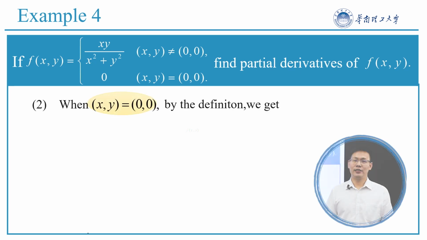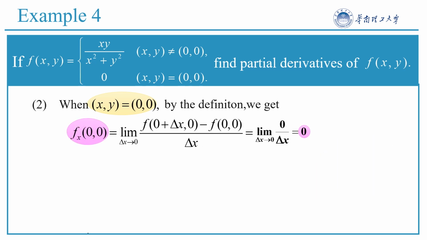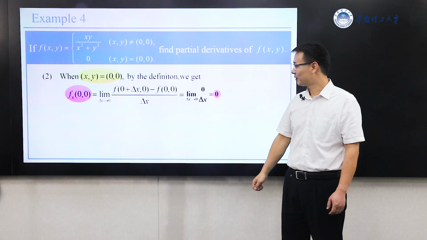When xy is equal to 0, 0, by the definition of partial derivative, we obtain partial derivative of f with respect to x at 0, 0 equals the limit of f(0 plus delta x, 0) minus f(0, 0) over delta x as delta x converges to 0.